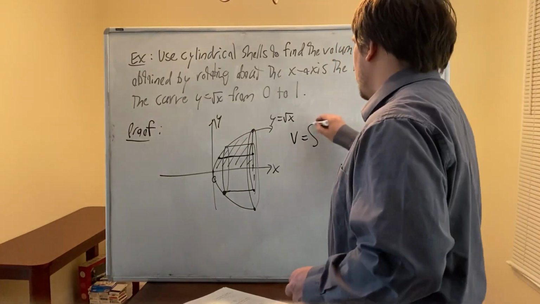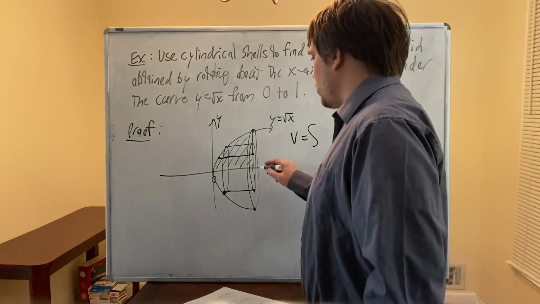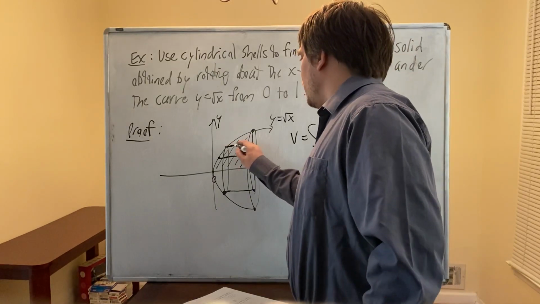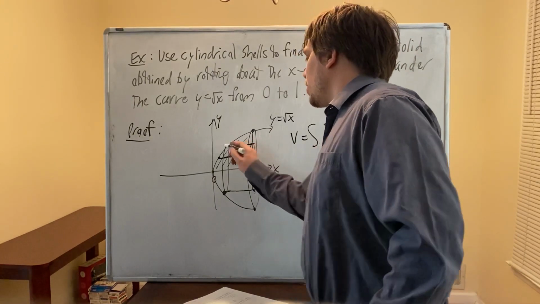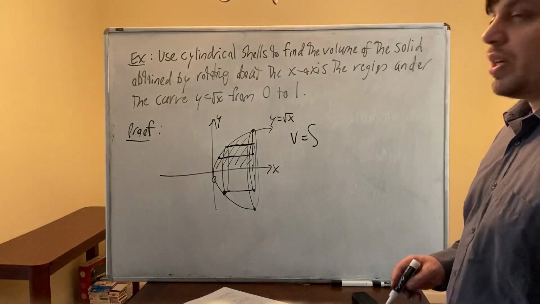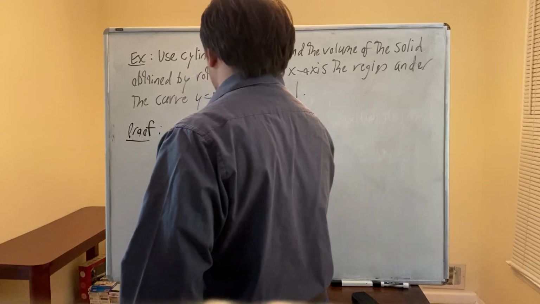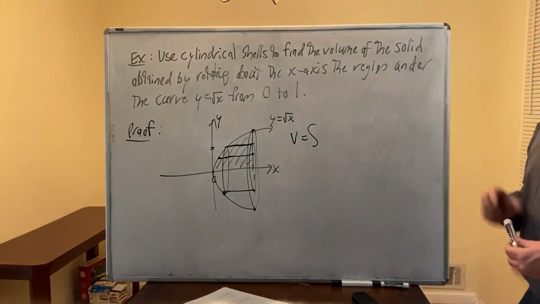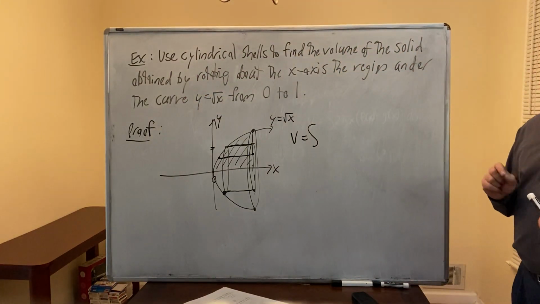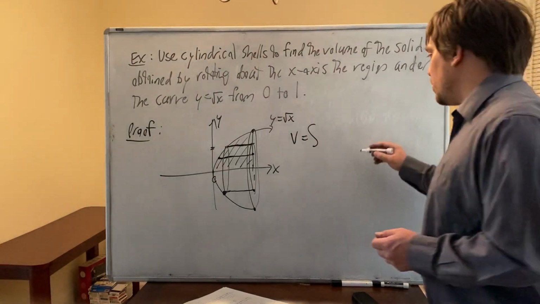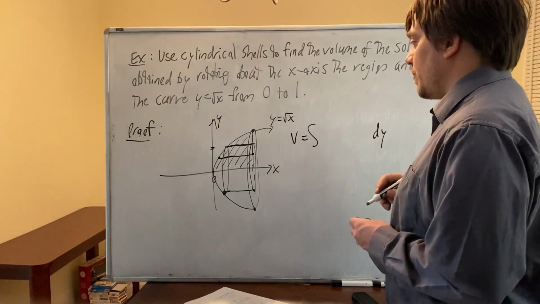So the volume is a definite integral. Now it's going to be with respect to y. And that's because if you look at the thickness of the cylindrical shell, the thickness will show you what variable you're using for the integral. The thickness here is a length, and the length of the thickness is a difference in y values. And so your definite integral is going to be with respect to y.